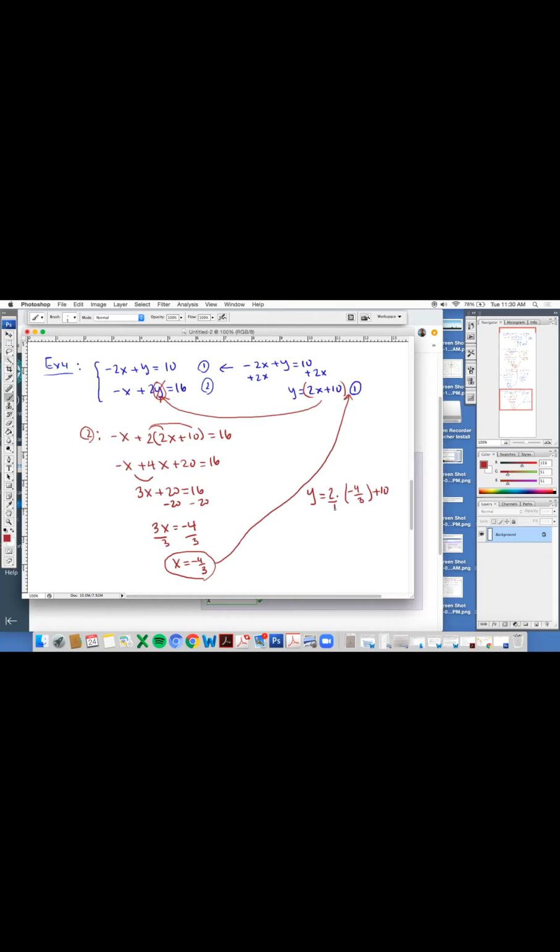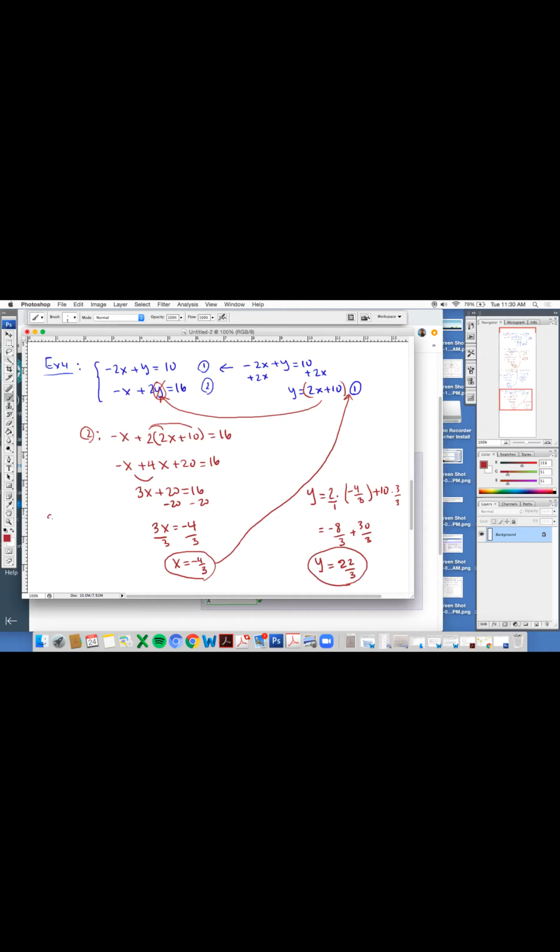Okay, which is 8 over 3. Turn 10 into, so multiply top and bottom by 3, so I have the same denominator. I'm going to get y equals 8 plus 30 is positive 38 over 3.